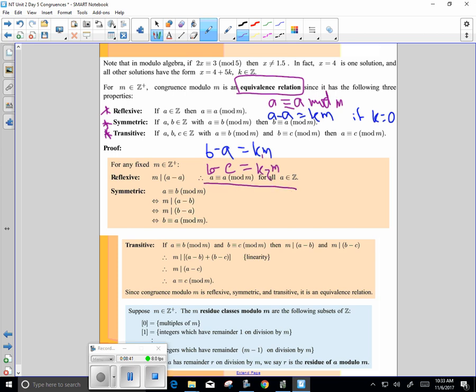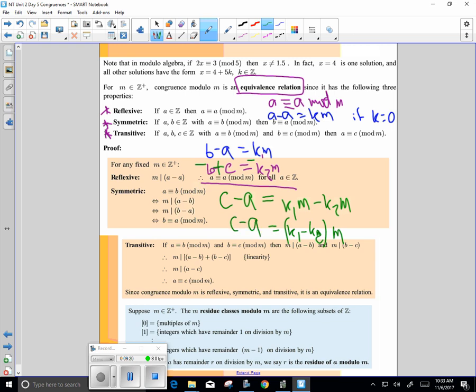Now, if you added these up, actually subtract them. I'm going to subtract these. You're going to get B minus B is 0. You're going to get C minus A is equal to K1M minus K2M, right? And that is K1 minus K2 times M. These are both integers.